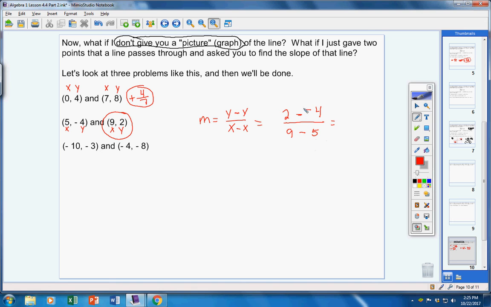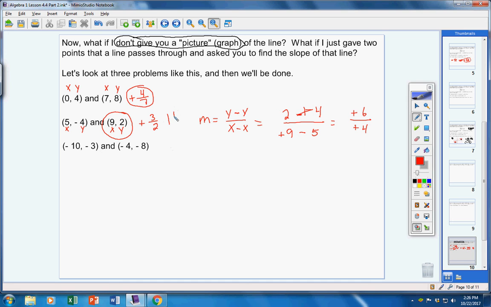So, here we go. 2 minus a negative 4 is positive 4. Positive 2, positive 4 is positive 6. Positive 9, negative 5 is a positive 4. Positive over a positive is positive. 6 over 4 is 3 halves. And by the way, students, you should never write your slope as a mixed number.